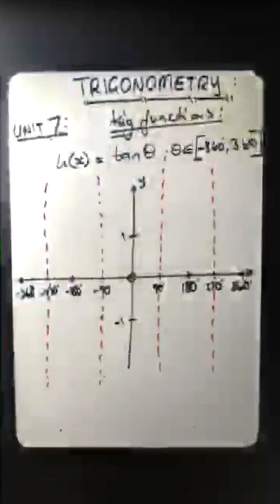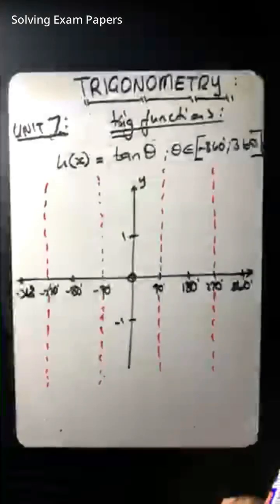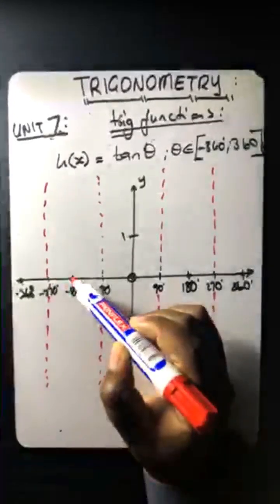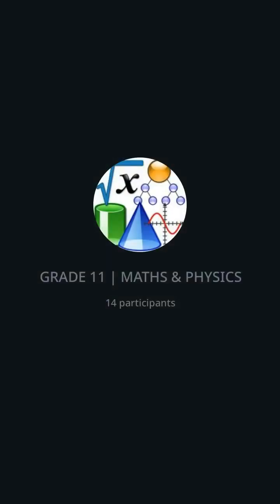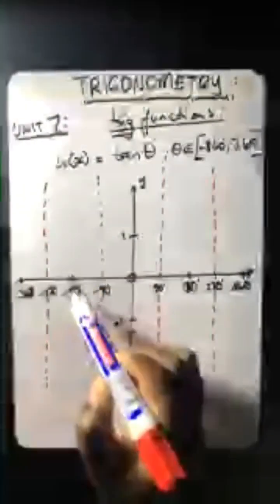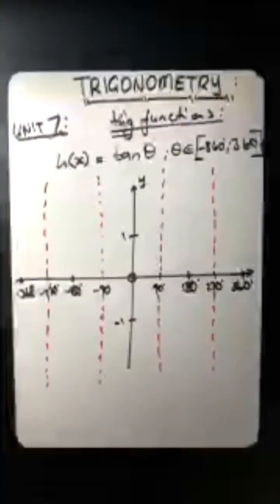Okay, so now let's see. It's going to be difficult to plot because we don't know whether from this point we go like that and then like that, or if we go like that and then from there we go like that. That's what is going to make it difficult.